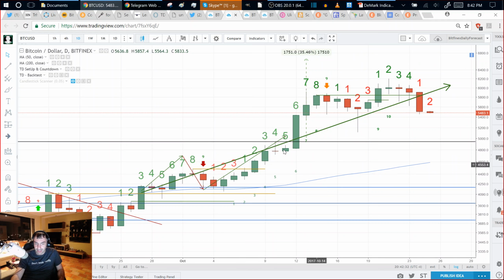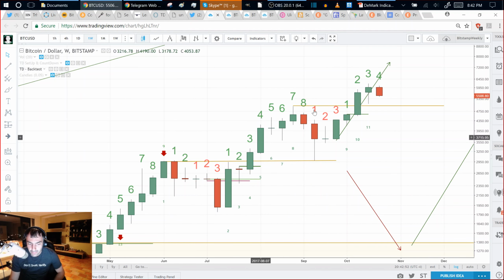Like here, this is the 5 candle you want to get a 9, not this. But it's a double-edged sword because a 9 leads to downside. So in a way, by not getting a 9 here, you potentially saved yourself from a giant reversal.